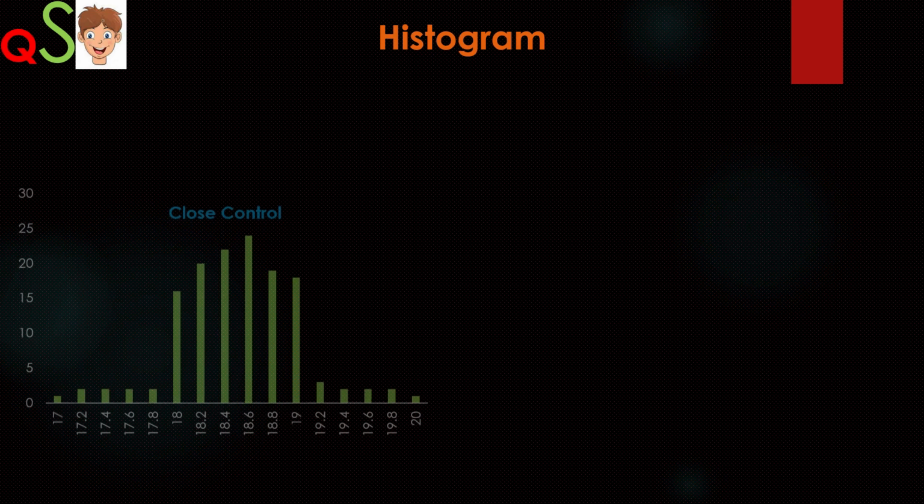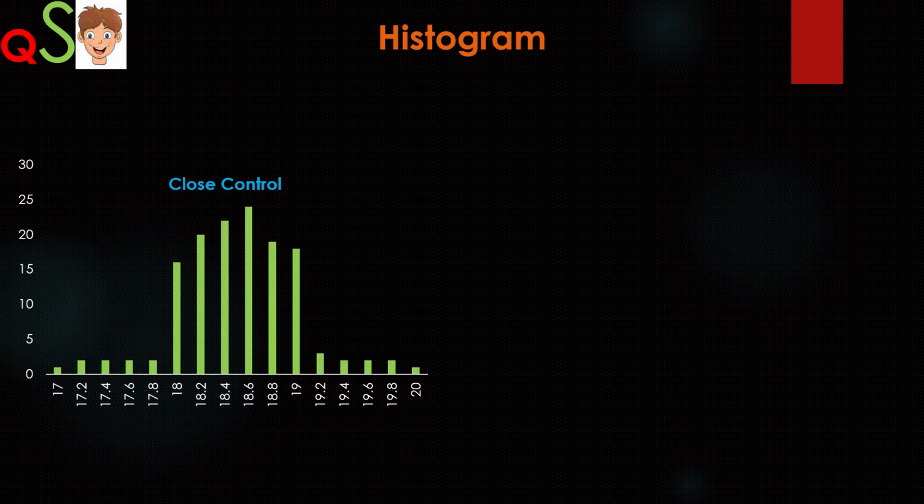Cars are grouped in certain ranges of fuel efficiency, like 17, 17.2, 17.4 kilometers per liter. In the first graph, we see the highest number of cars have fuel efficiency in the range of 18 to 19 kilometers per liter, which is closer to the average or arithmetic mean of 18.6.